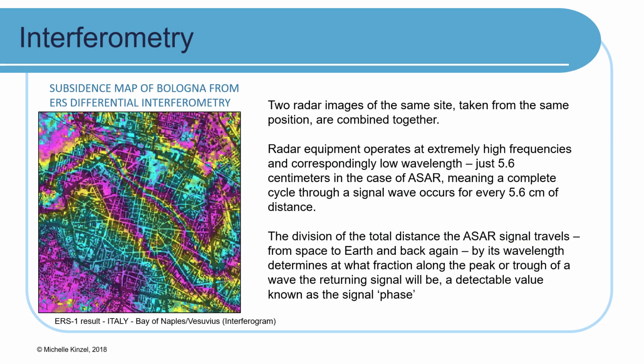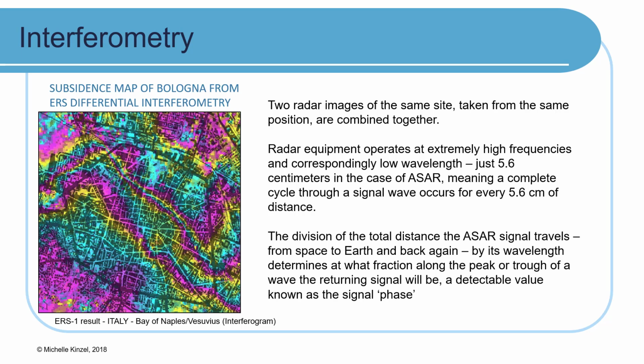Here's an example of a map made using differential interferometry. Two radar images were taken at the same site, and the equipment operates at very high frequencies and a corresponding low wavelength, only 5.6 centimeters in the case of ASAR. That means a complete cycle through a signal wave occurs for every 5.6 centimeters of distance.